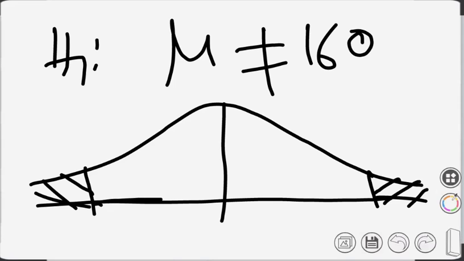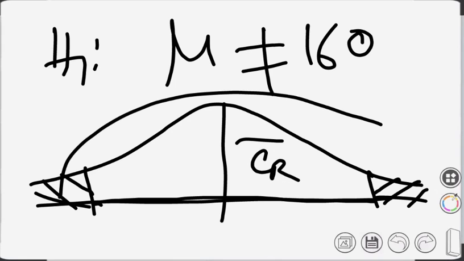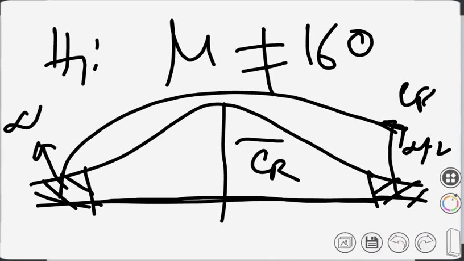The acceptance region will be in the middle, and the critical regions will be on both sides. The area of each critical region will be alpha by 2, because as I have said already, alpha is the level of significance, and it corresponds to the probability of the critical region.